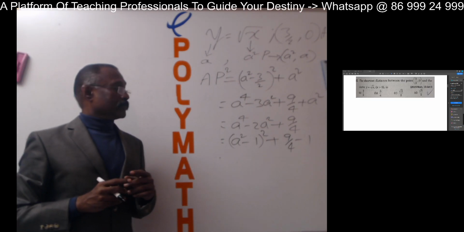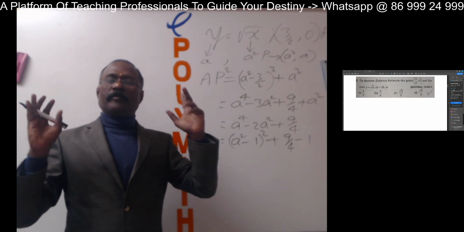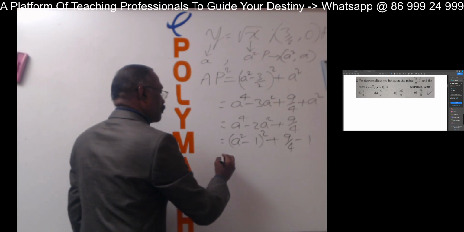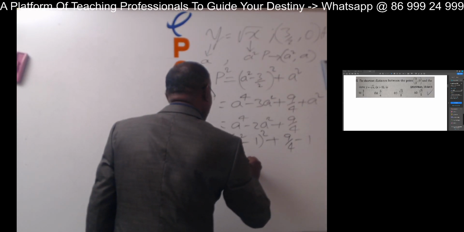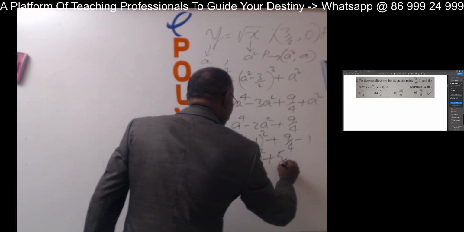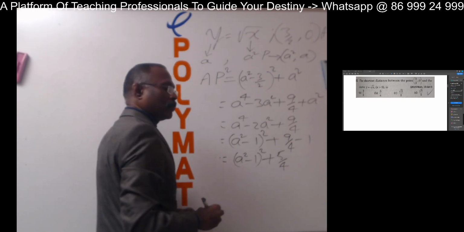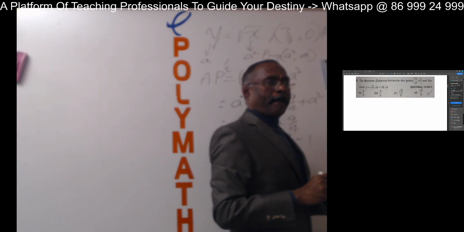I hope you understand. I made it a perfect square. One added here, one subtracted there to make it a perfect square. Then again, a square minus 1 whole square plus 5 by 4. Okay?